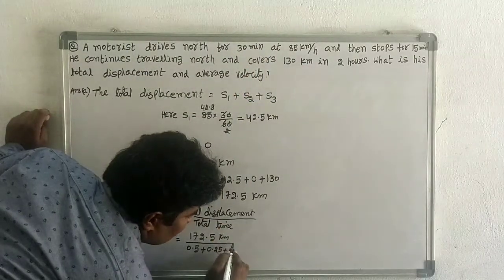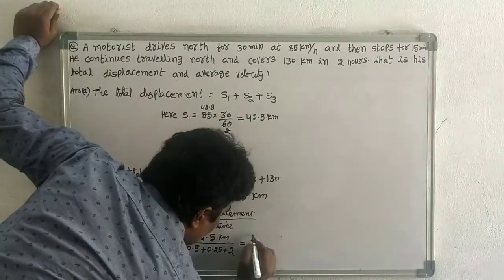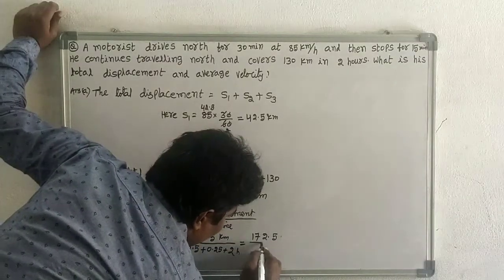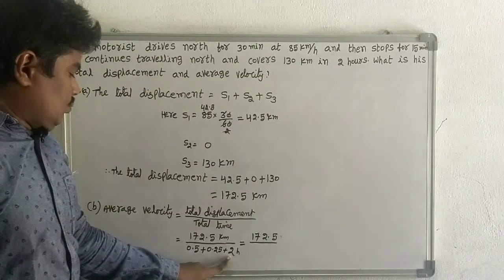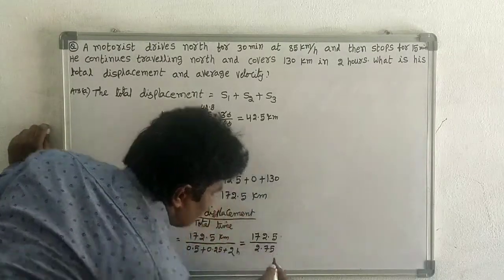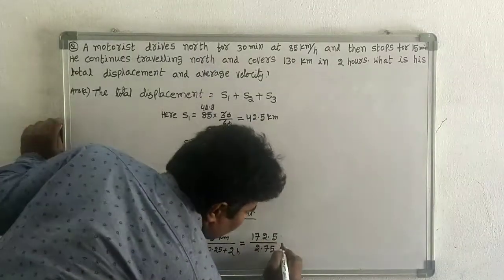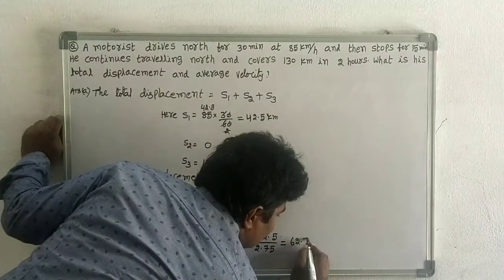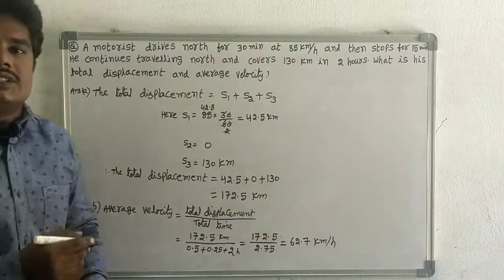Directly hours are given, so we write 2. So that is equal to 172.5 by 2.75. When we solve this, we get 62.7 kilometer per hour. So this is the problem.